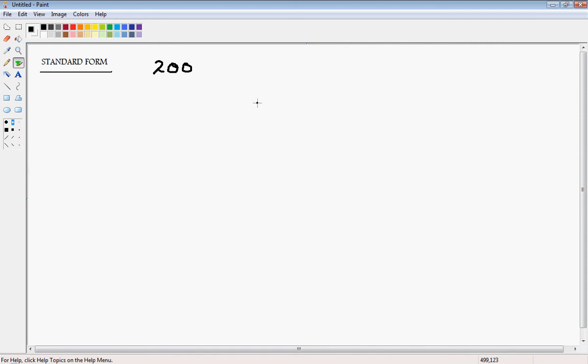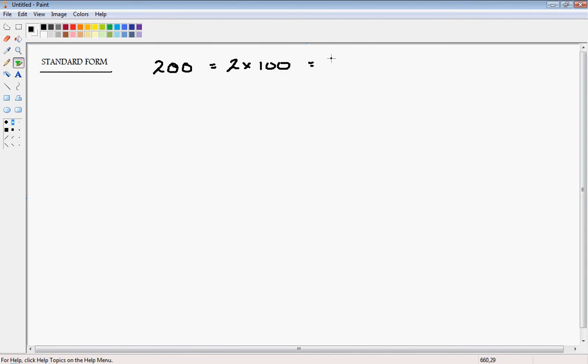So standard form, or some people call this standard index form. Okay, so if we have 200, now I know that's exactly the same as 2 times 100, because 2 times 100 gives me 200.